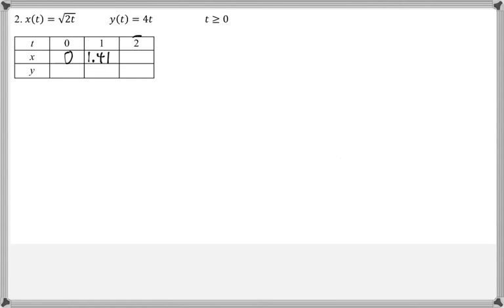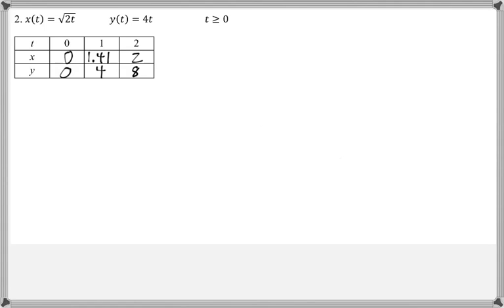And then I want to plug in 2 into my x equation, which will be square root of 4, which is 2. So then you want to plug in these 3 points into your y equation. So plugging in 0 into the y equation, 4 times 0 is 0, 1 times 4 is 4, and 2 times 4 is 8.